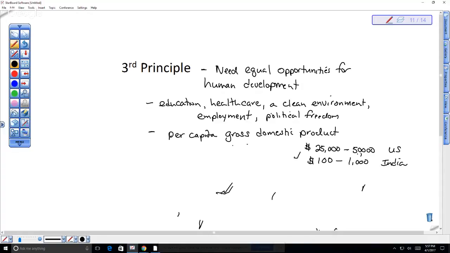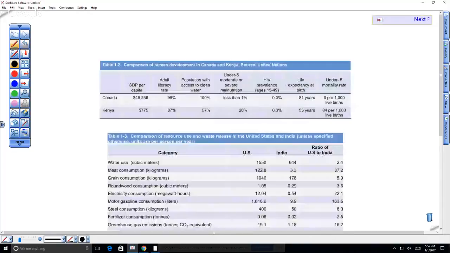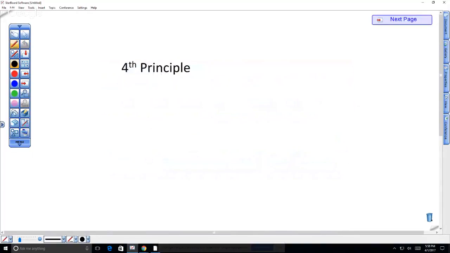We don't have public transportation where I live, so we have to use our own car, or we could bicycle, but it's kind of dangerous on the roads. There are things that are set up that make it more difficult to be sustainable. Okay, so if we look at some diagrams here, we're almost through with this lecture, almost to the fourth principle.